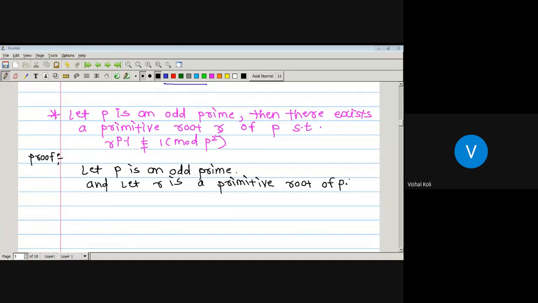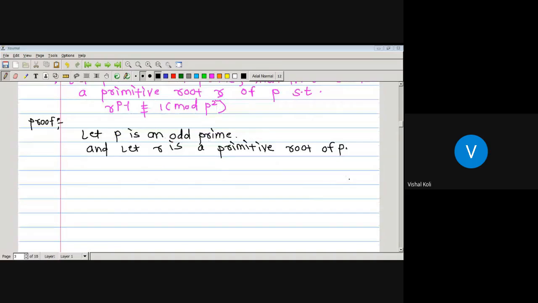Okay, as r is a primitive root of p, which implies r to the power phi of p is congruent to 1 modulo p, and r to the power k is not congruent to 1 modulo p when k is less than phi of p. Okay, now we have to prove that r to the power p minus 1 is not congruent to 1 modulo p square. If possible, suppose that for this r, r to the power p minus 1 is not congruent to 1 modulo p square, then our proof is over here.